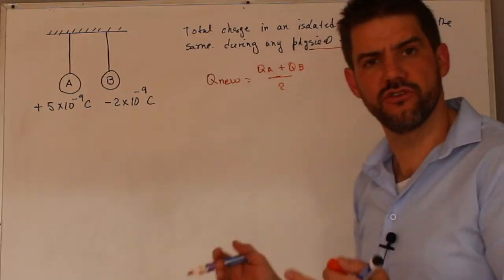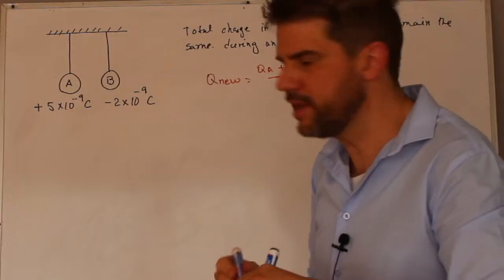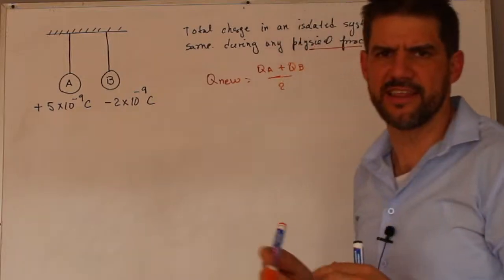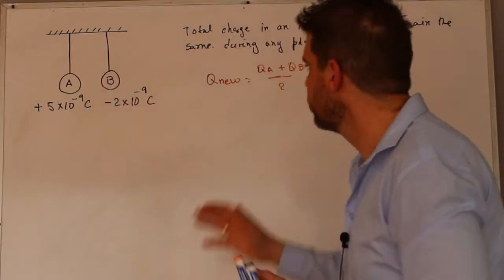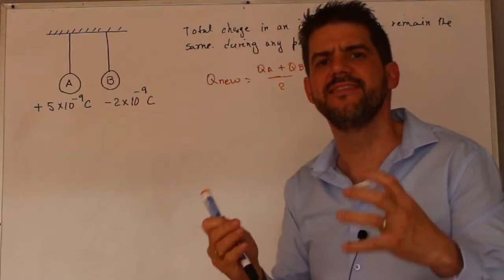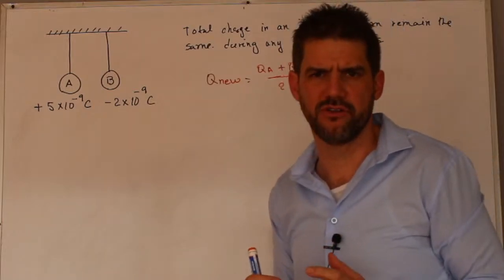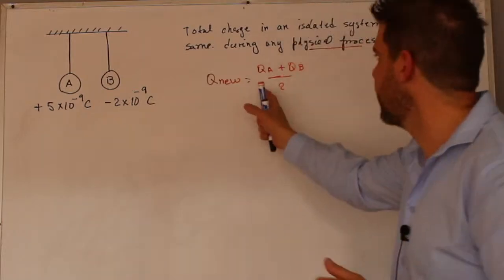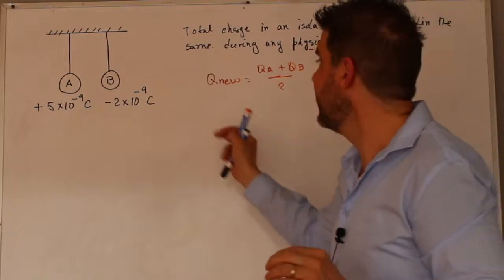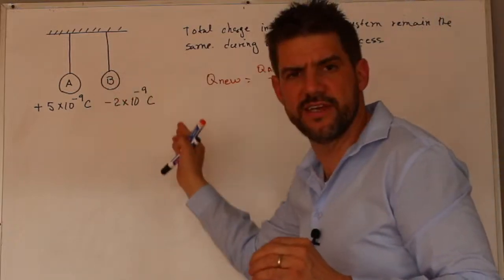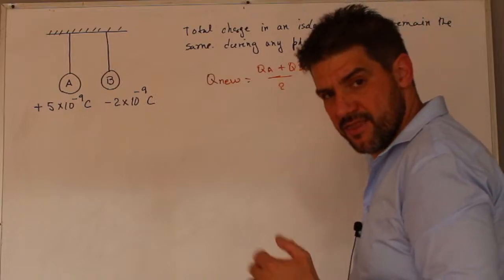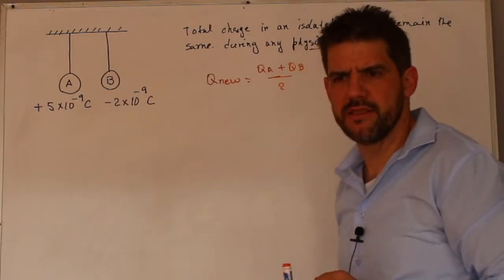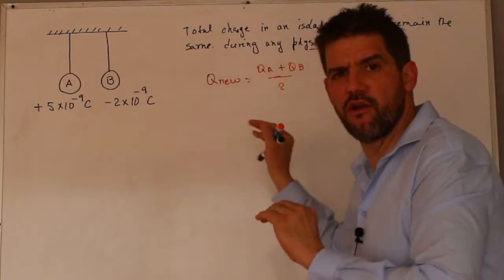That is when you use that formula. A physical process could be when the two spheres touch each other, or if I touch one of the spheres. So what happens is that charge redistributes after that physical process, and they will change. This is how to calculate a new charge. If instead of two spheres you have 3, then it's QA plus QB plus Q3 divided by 3. That is the principle of conservation of charge.